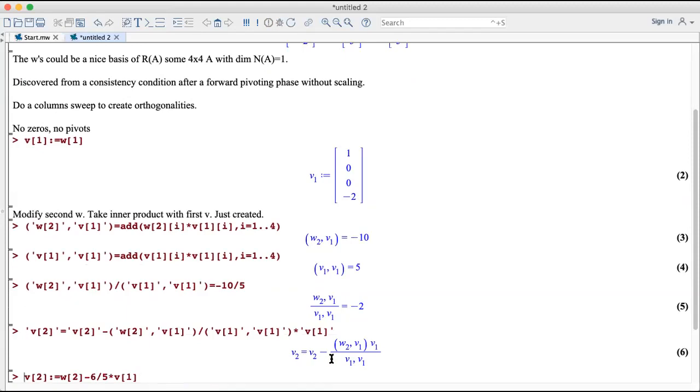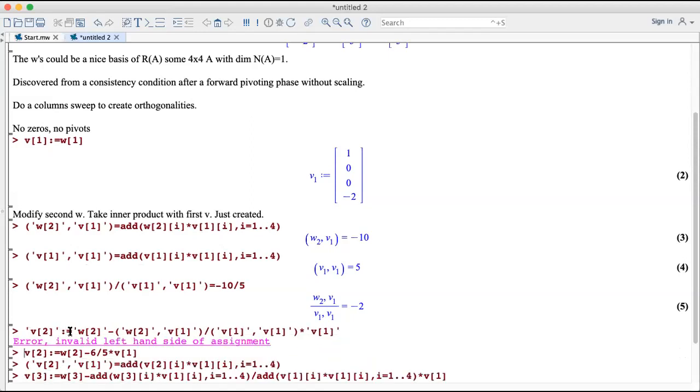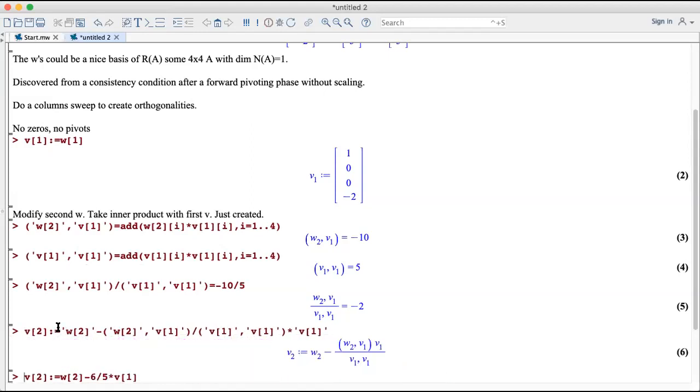Okay, now what we're going to do is this command. I'm a bit handicapped here. So this says V2 has to become the old V2. Sorry about that. It has to become W2.